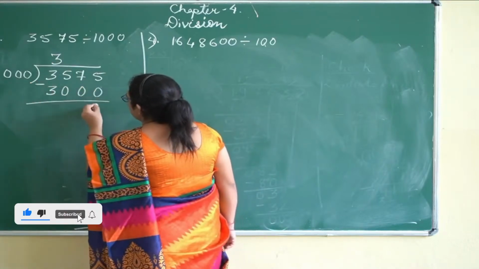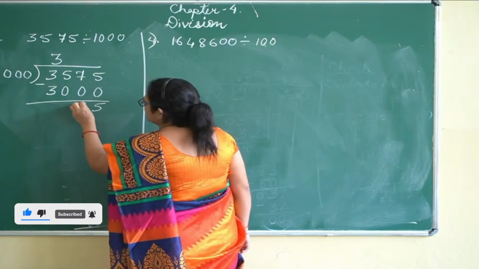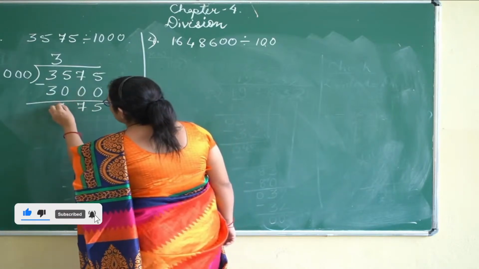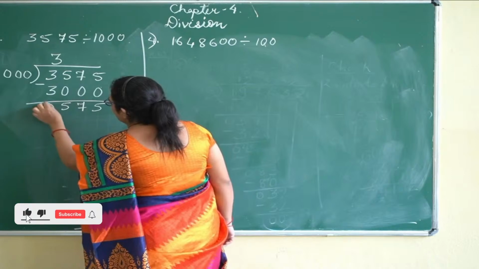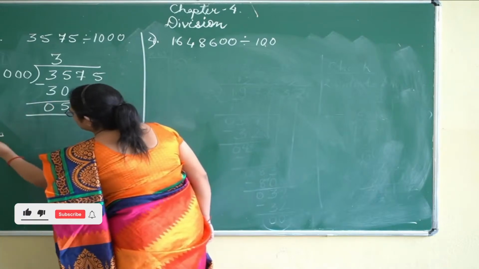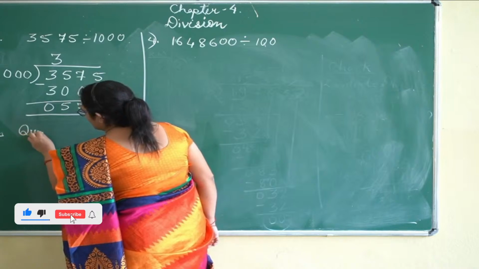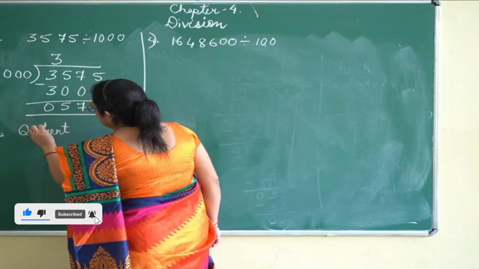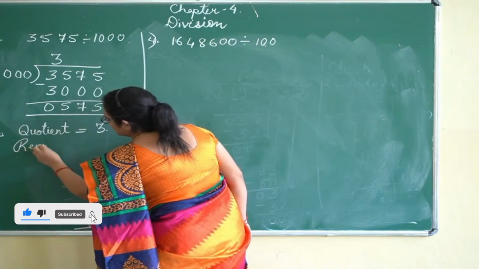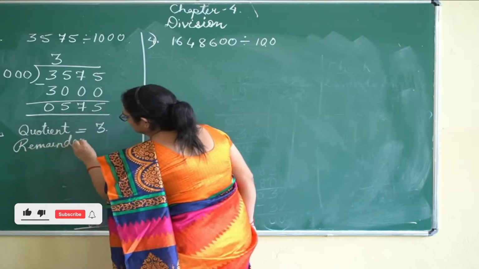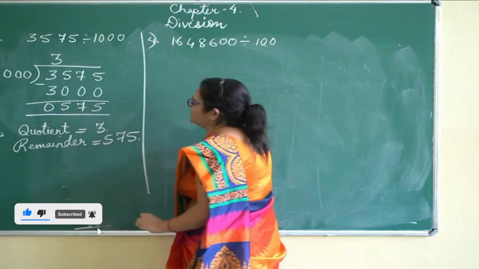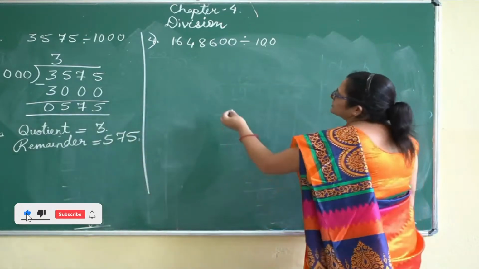Subtract: 5 minus 0 is 5, 7 minus 0 is 7, 5 minus 0 is 5, 3 minus 0 is 3. So how will you write the answer? Quotient is equal to 3, remainder is equal to 575. Okay, next question.